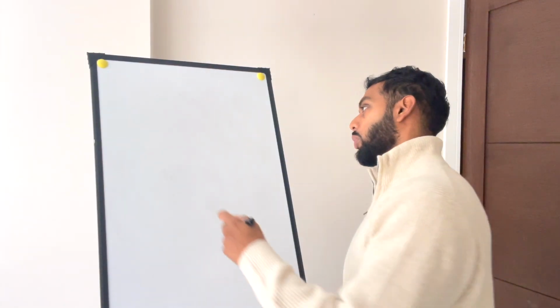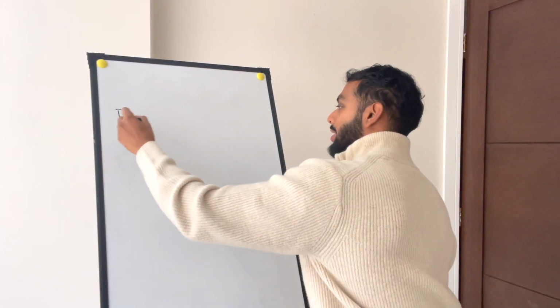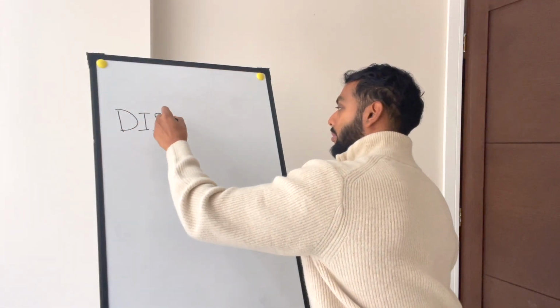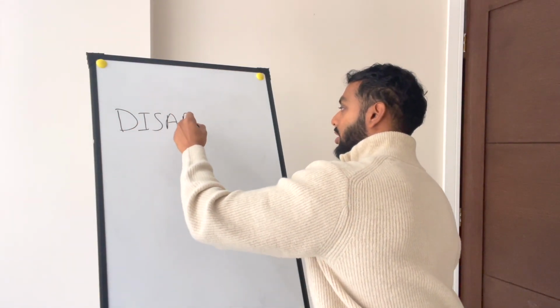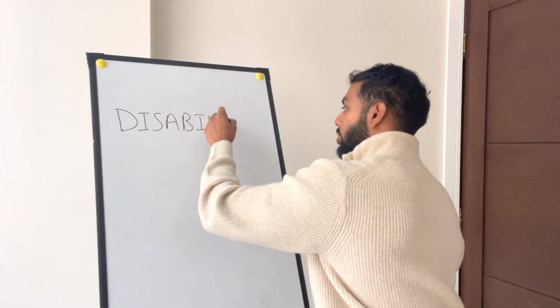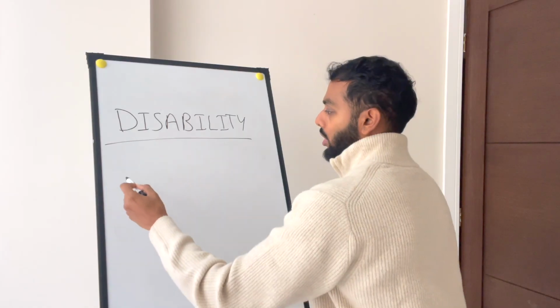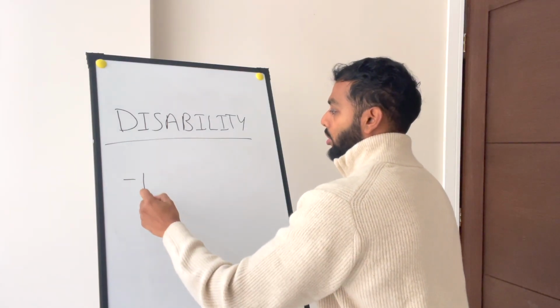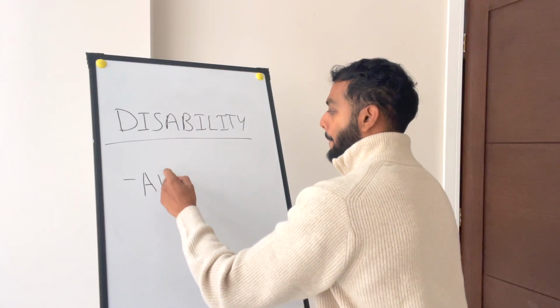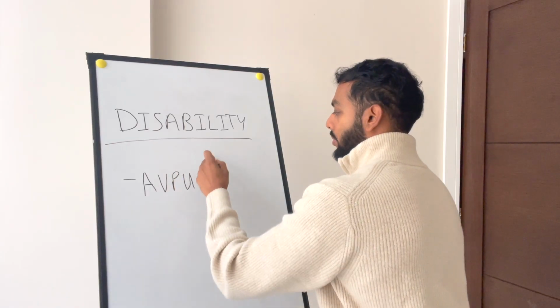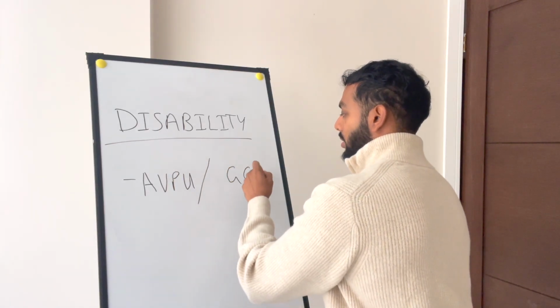So the fourth one is disability. Disability is essentially a quick brain check that we do. And there's a couple of things we do at this stage. You do the AVPU scale or GCS.